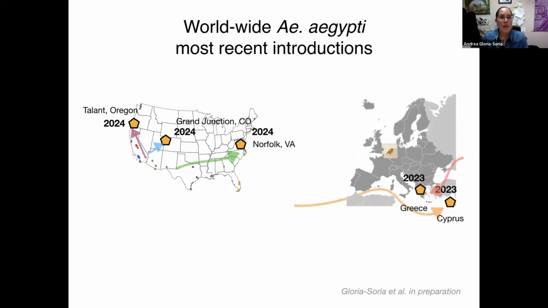These are introductions that we are recently working on from the last couple of years. And we're still finalizing the touches, but as you can see, these introductions are not always just a short range expansion, but can also be introductions like in the case of Cyprus that came from a different country or even possibly from a different continent.